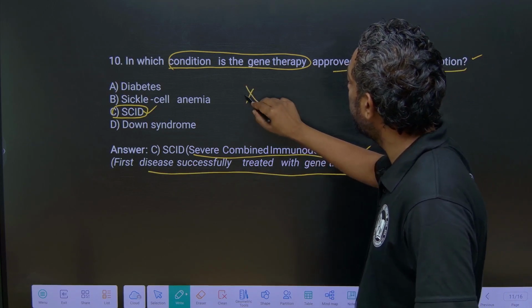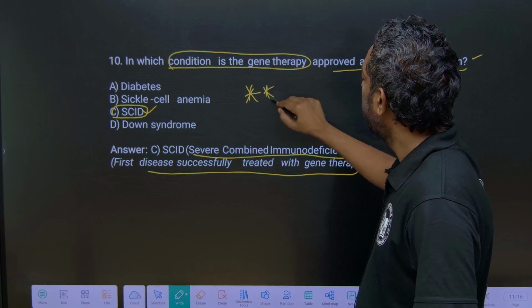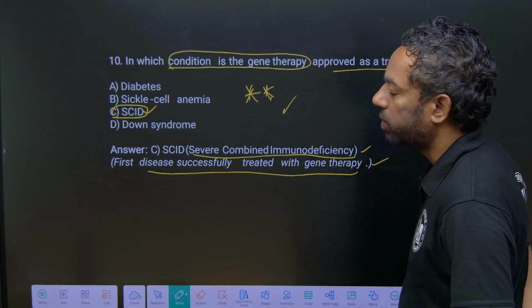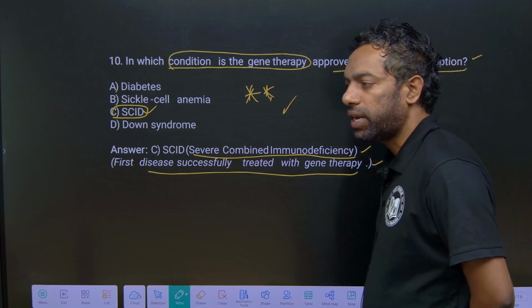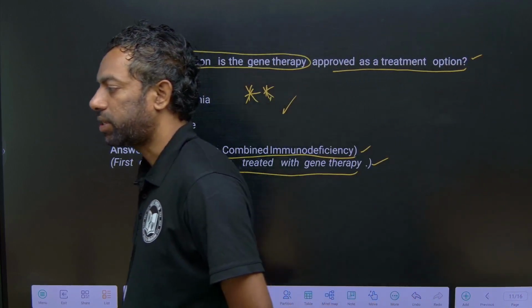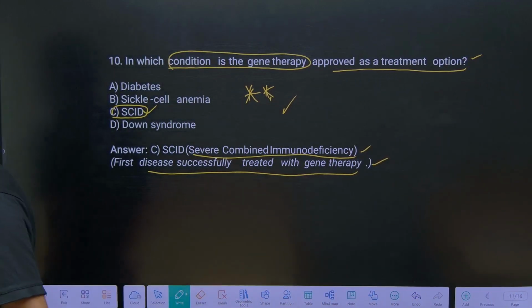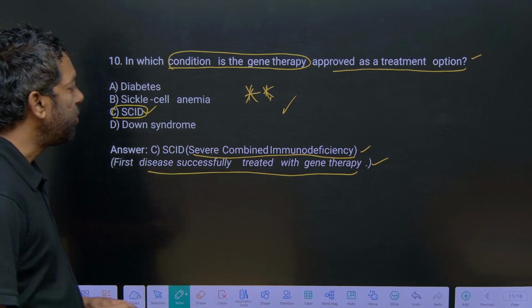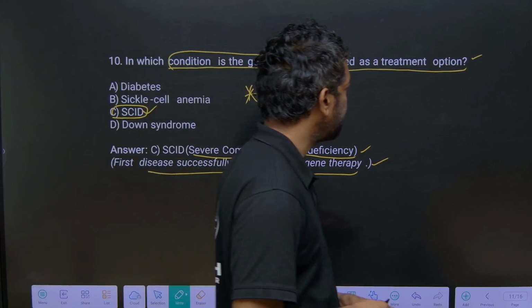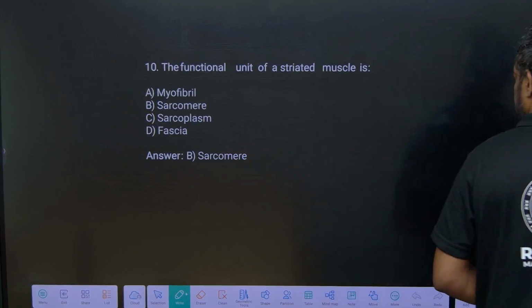This is an innovative and very important question. Guys, these kinds of questions can be asked: the first successful gene therapy is for SCID, severe combined immunodeficiency.